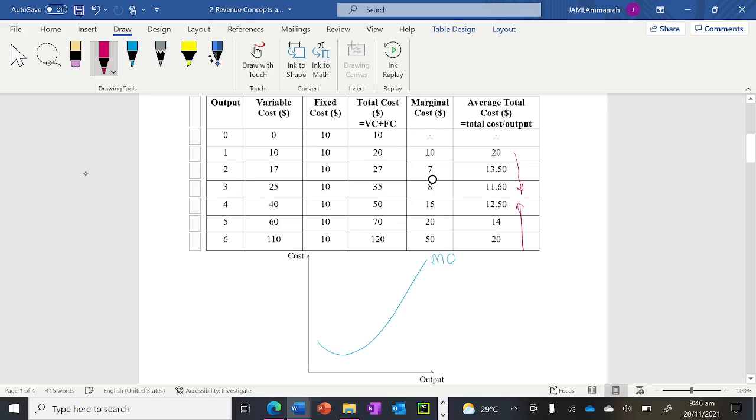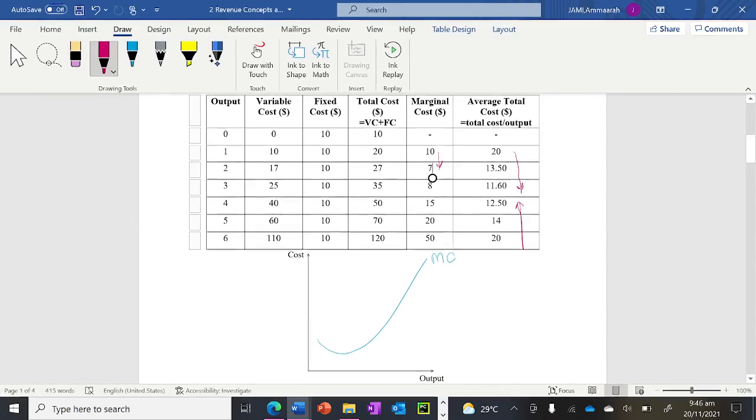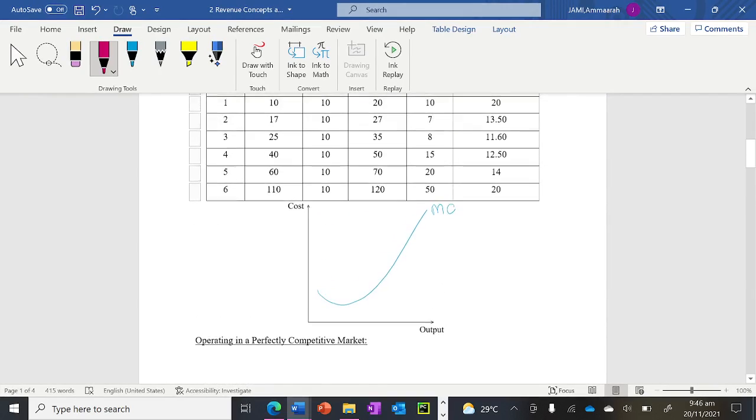But it's not like here, where it decreases for only 2 units and then increases. Here it decreases and then it increases by a good set of units up here. Do you see what I'm saying, or is it confusing?